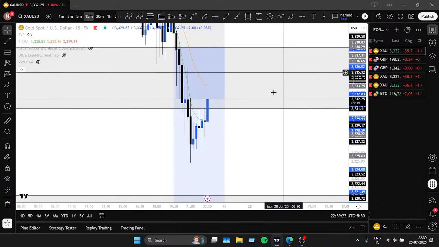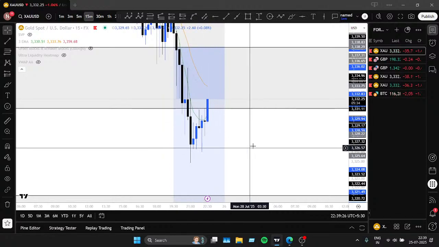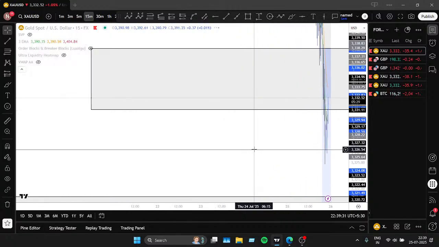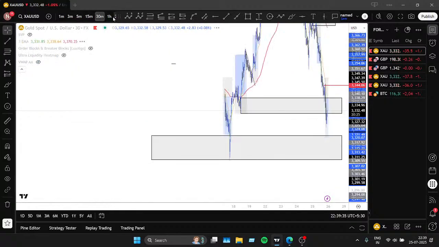Looks like buyers are trying to push prices higher, as I can see with the candles. But price reacted from this demand zone, but not clearly.